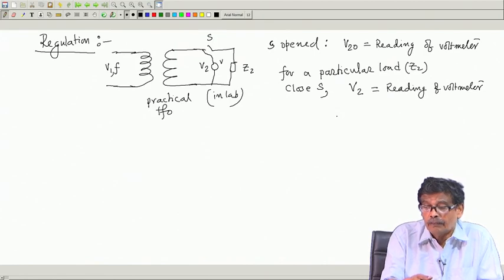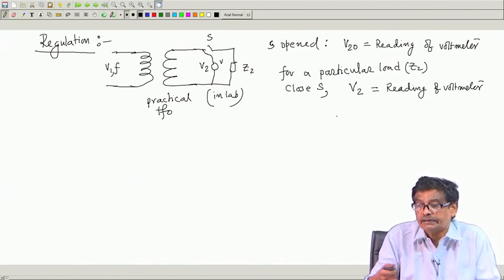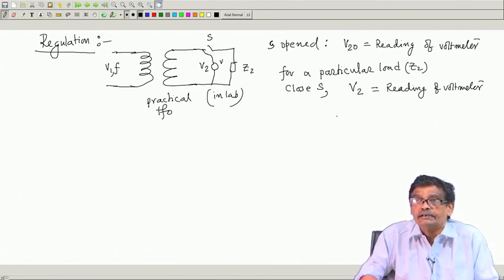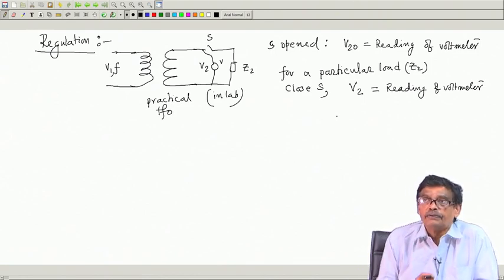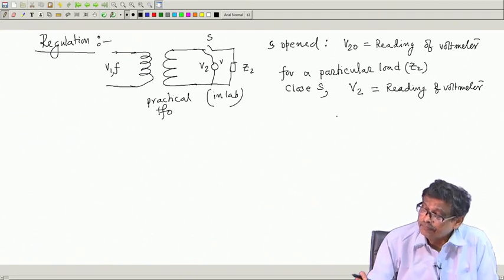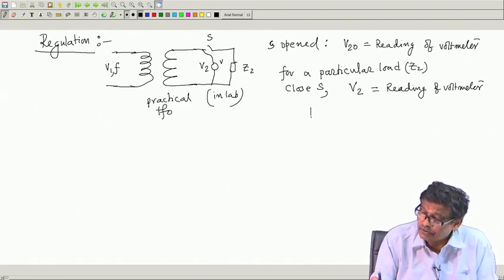Therefore, there will be voltage drop in the series impedances in the model of the equivalent circuit of the transformer. That is, in Re1 and Xe1 there will be a voltage drop, and hence it is expected there will be a change in the magnitude of this voltage.